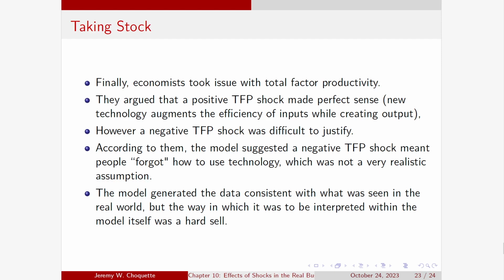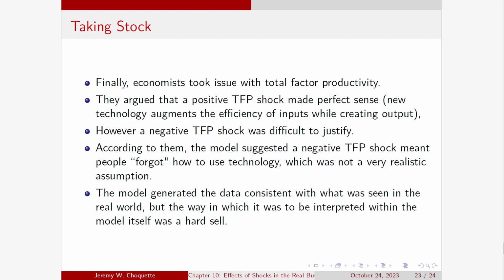Finally, economists also took issue with that total factor productivity thing. They argued a positive TFP shock made perfect sense because new technology augments the efficiency of inputs, creating increases in output, things like that. But they argued a negative TFP shock would be a little bit more difficult to justify because to them, it means that people are forgetting how to use technology, which you'd think isn't a very realistic assumption.